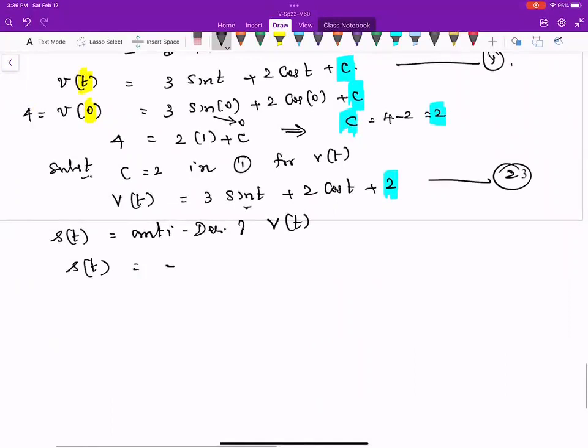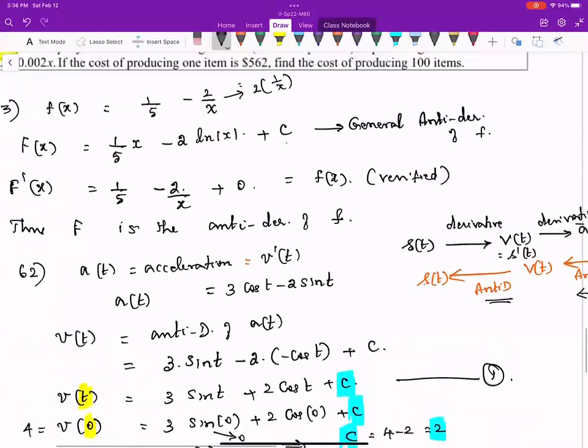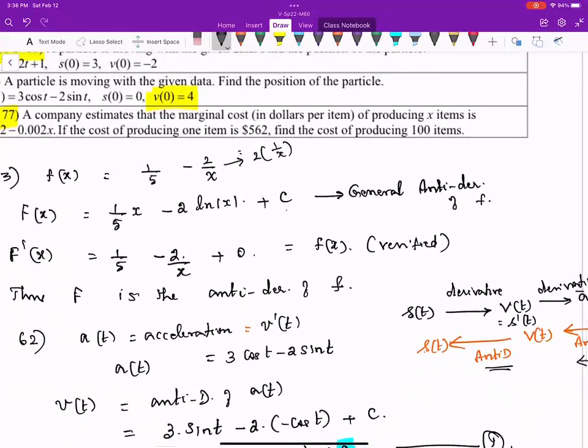So S of t would be antiderivative of 3 sine t, which is negative 3 cosine of t, plus antiderivative of 2 cosine t, which is 2 sine t, antiderivative of 2, which is 2t, plus an additive constant. Now we need to find out what this constant is. So for that, you are given a condition that S of 0 equal to 0.